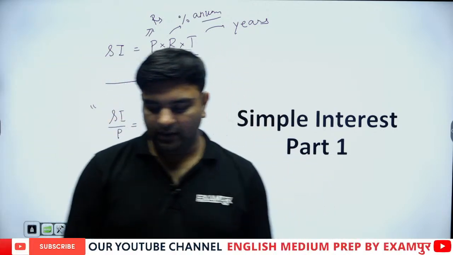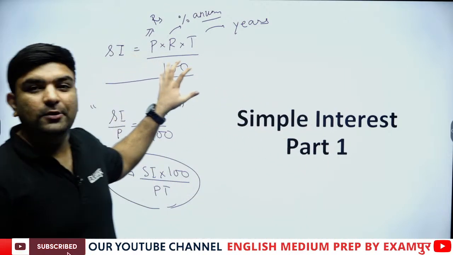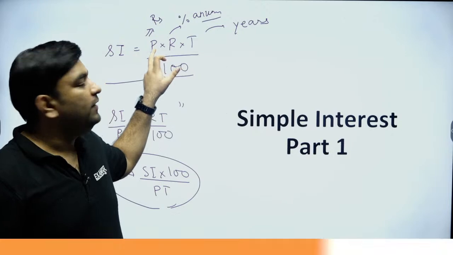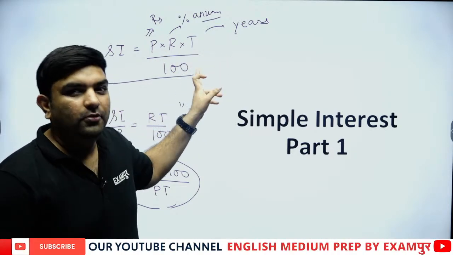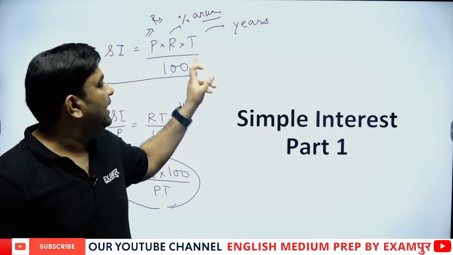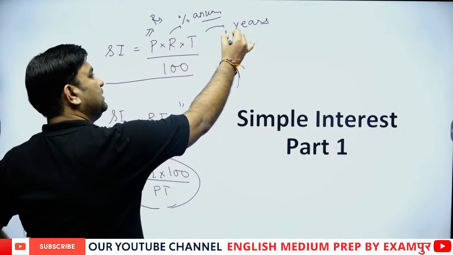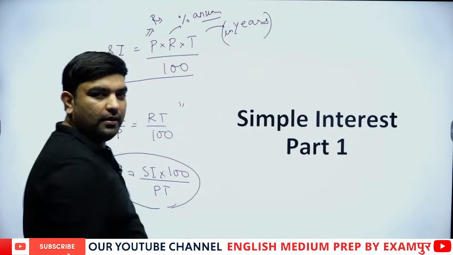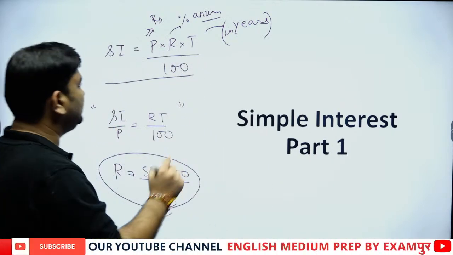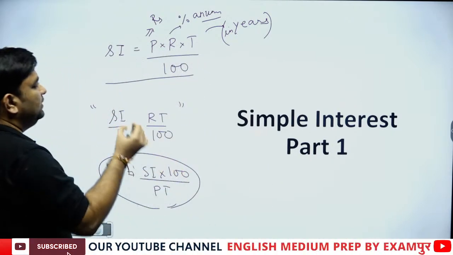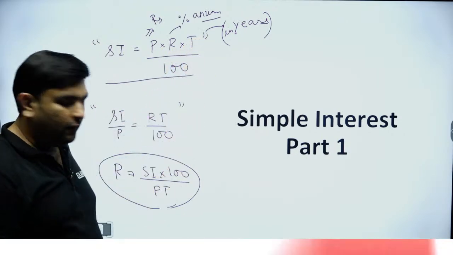But the major thing I want to tell you is that SI is equal to PRT upon 100, where P is the principal, rate is per annum, and time is in years. One more thing: once you know about SI, what is amount?